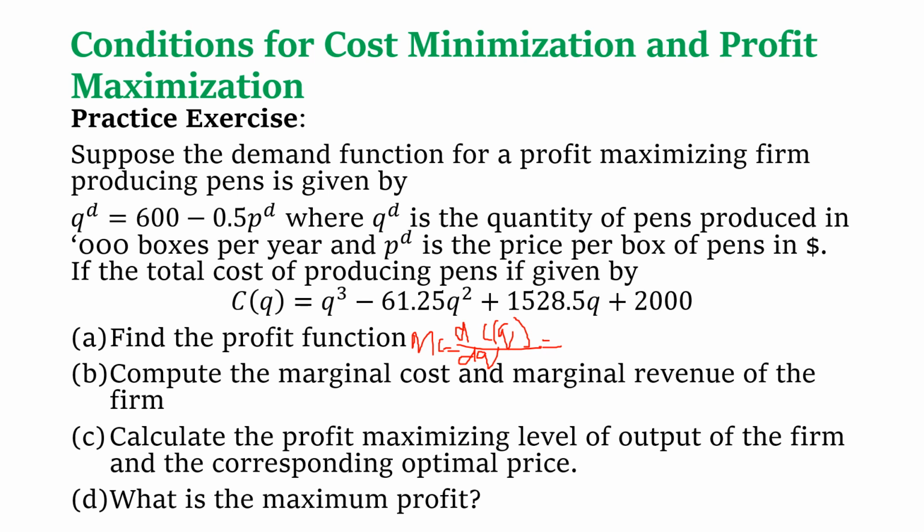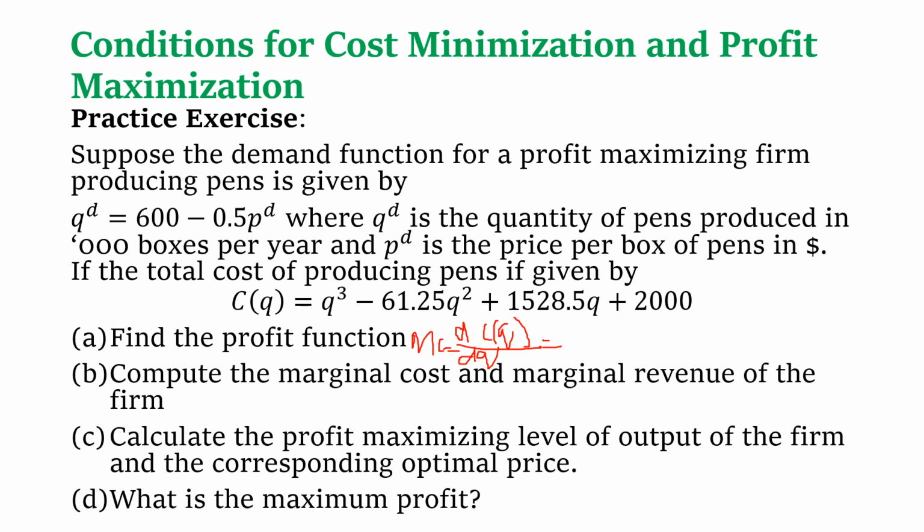It is the additional cost incurred by the firm when that firm decides to increase production by an extra unit. You understand? That is the marginal cost.